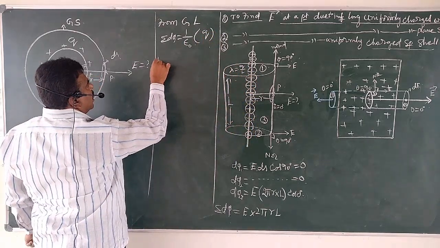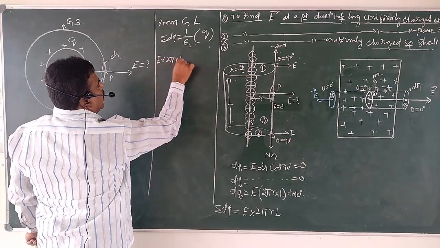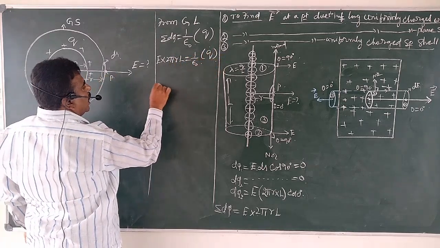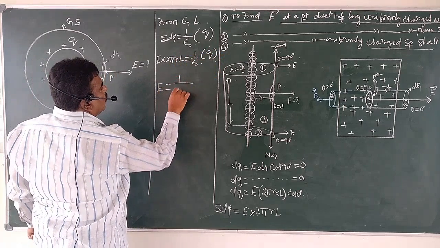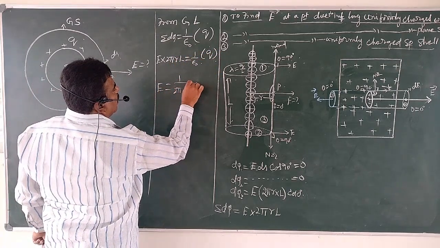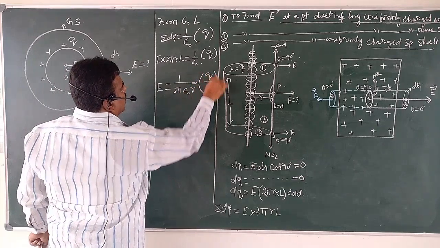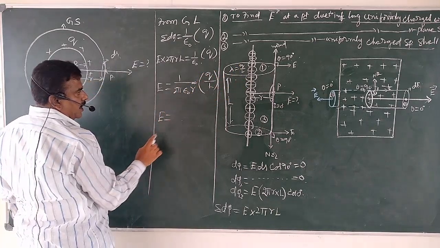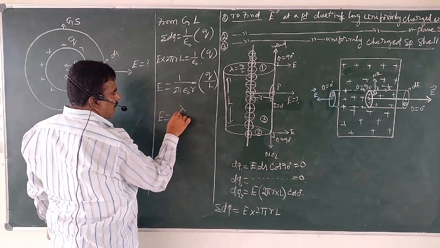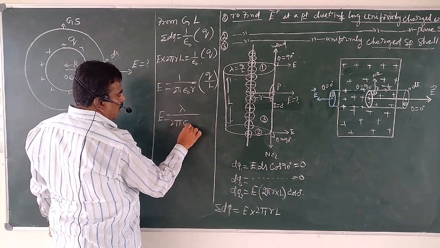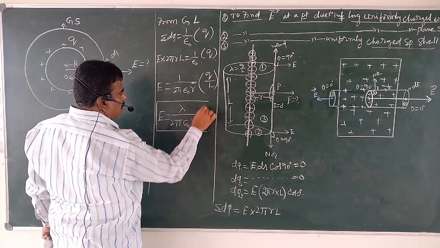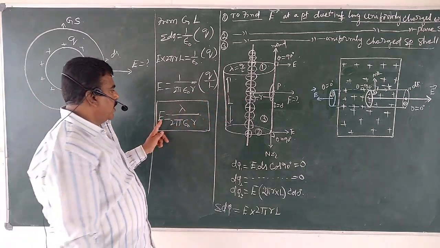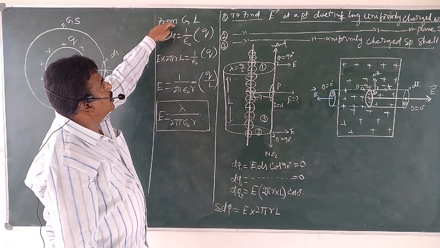So summation dφ, which is E into 2 pi r L, equals 1 by epsilon naught times the charge. Therefore, E equals 1 by 2 pi epsilon naught r into Q divided by L. Q by L is the linear charge density. Therefore, the electric intensity at this point is lambda divided by 2 pi epsilon naught r. We easily derived the expression for E using Gauss law.